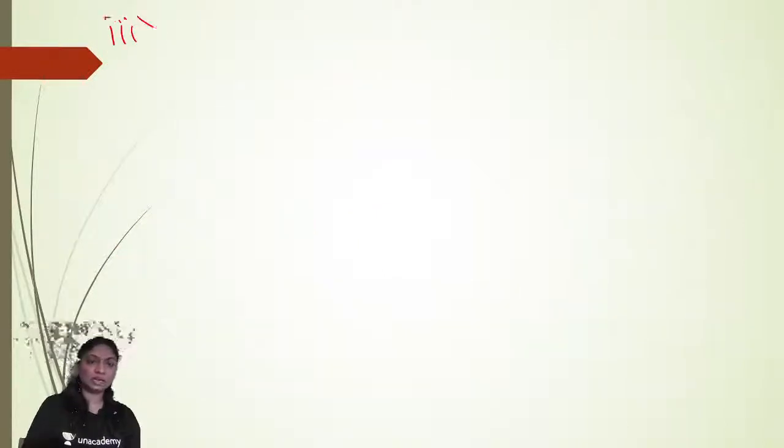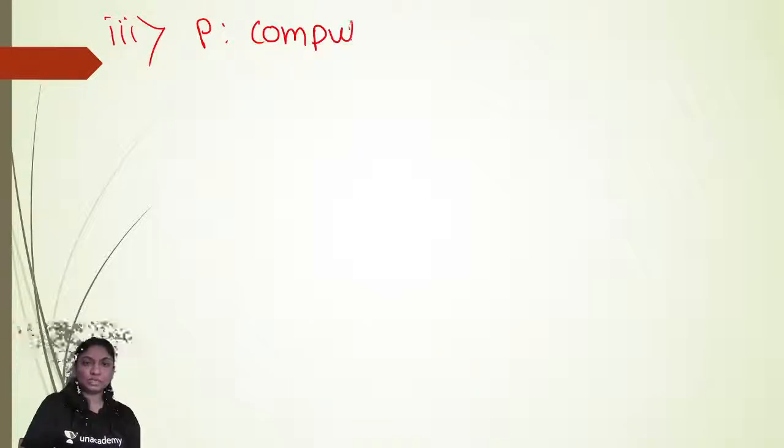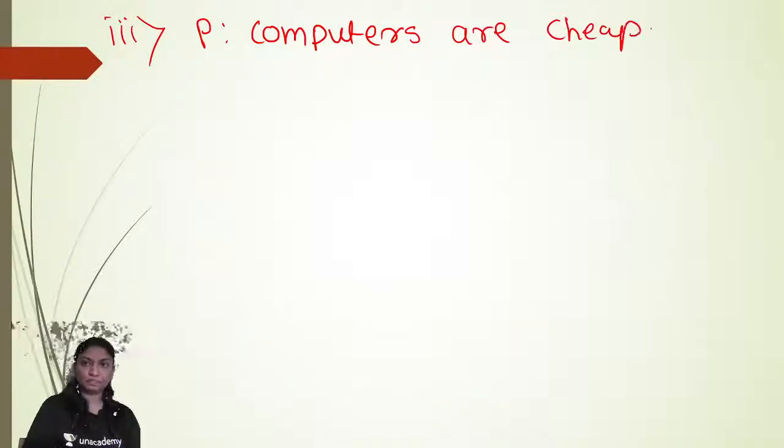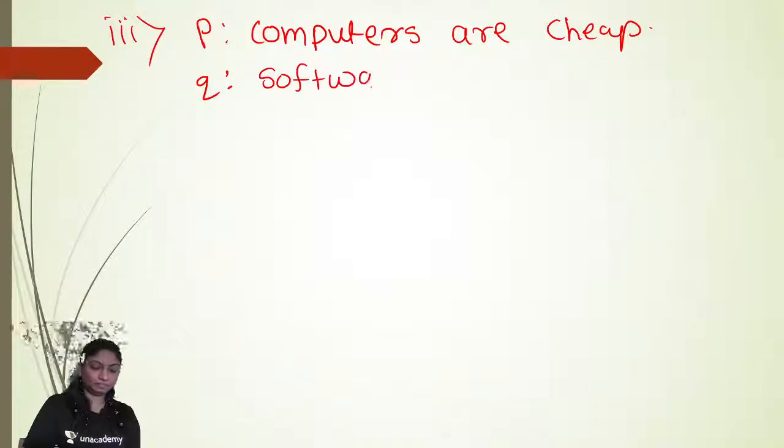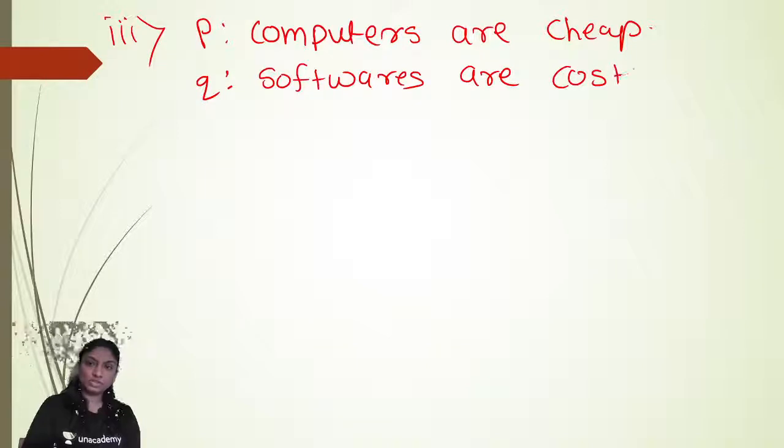You can write here, third one. P is a statement: computers are cheap. Q is a statement: softwares are costly. Computers are cheap but softwares are costly.